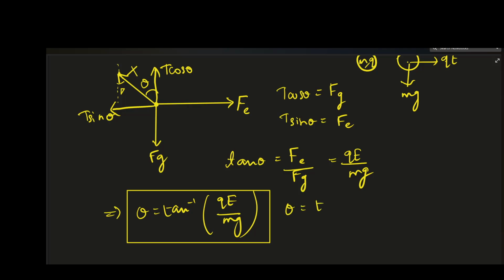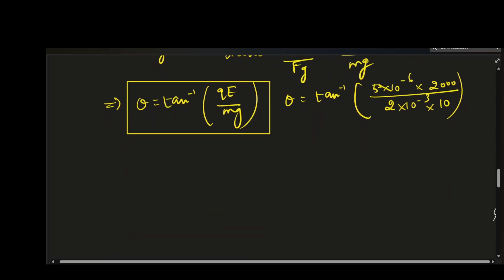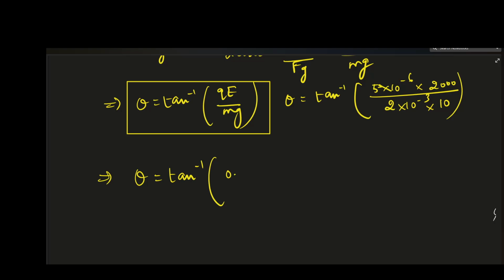So here the charge is given as 5 into 10 to the power minus 6 coulomb and the electric field is 2000 volt per meter. Then the mass is 2 grams and the acceleration due to gravity is taken as 10 meter per second square. So by simplifying this, I will have my theta to be tan inverse of 0.5.